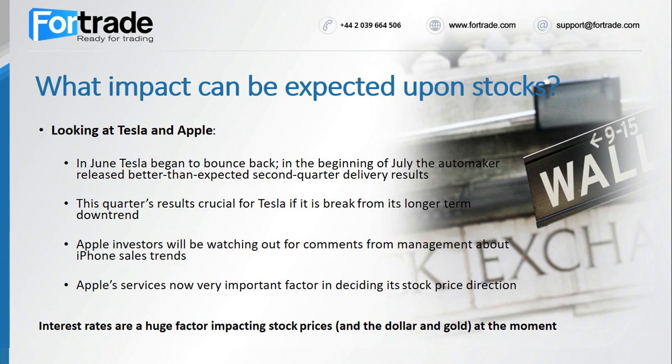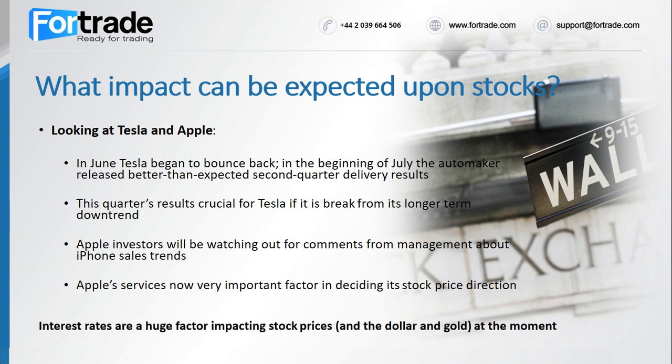With Apple, as with many other companies, its fiscal 2019 hasn't been looking good compared to the double-digit revenue and earnings per share growth it delivered in fiscal 2018. But investors will be watching out for comments from management about iPhone sales trends, even though Apple stopped giving exact figures on this. Apple's services have become increasingly important to its business.